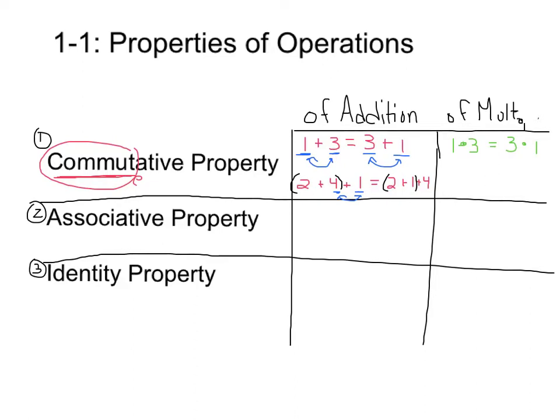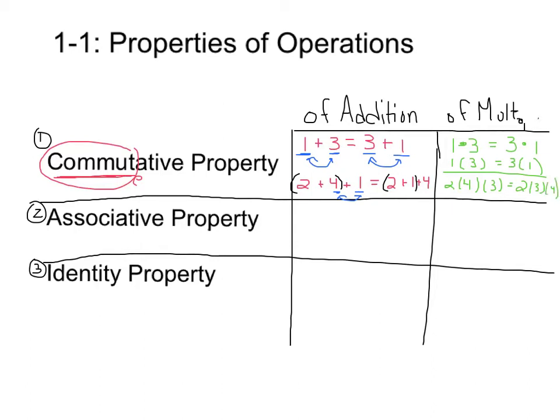So more and more we're going to use this little dot to represent multiplication, or we're also going to use parentheses. 1 times 3 is going to equal 3 times 1. Another way of writing multiplication. And I could do the same thing with a little bit more complicated problem as well. I could say 2 times 4 times 3 would be the same thing as 2 times 3 times 4.